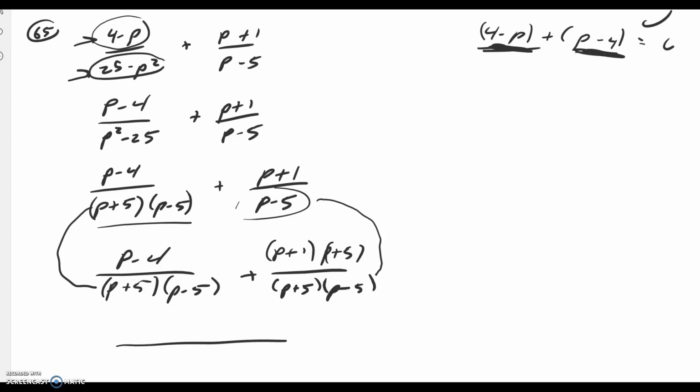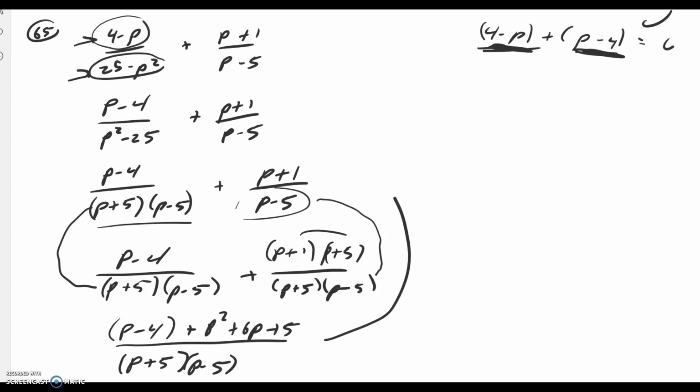Now we have the common denominator, p plus 5 times p minus 5, and on top we have p minus 4 plus, and then we have to multiply this out. It'll be p squared plus 1p plus 5p, that's 6p plus 5. So coming over here and bringing it up, we're going to have a p plus a 6p, so that's 7p. We're going to have a p squared still.